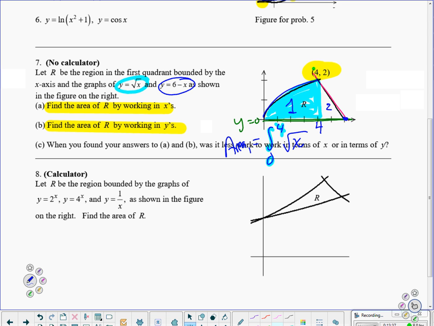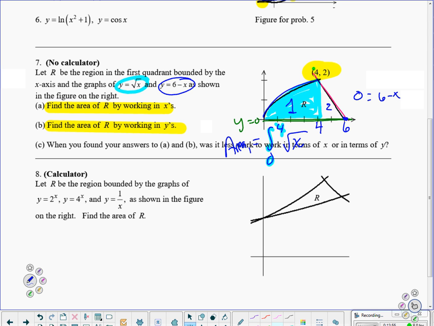You would be able to set 0 equal to 6 minus x and figure out when it equals 0. Well, it appears to be 6, doesn't it? And so then I can integrate on that. That would be working in x's.